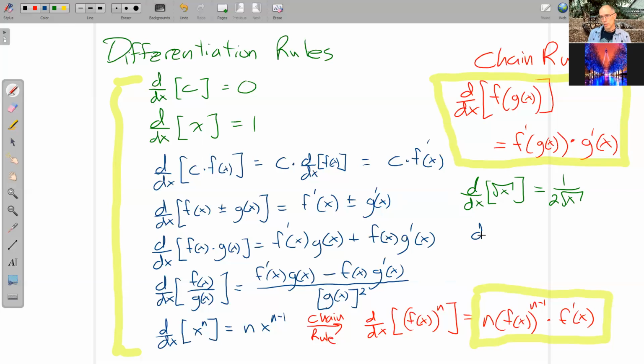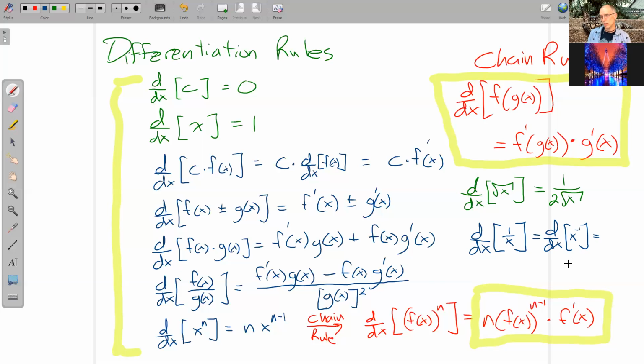Another nice one that we've proved a couple of times, and I alluded that it's related to the chain rule, both of these are, is the derivative of 1 over x. You can think about that as x to the negative 1. And the derivative, you could view it in two different ways.